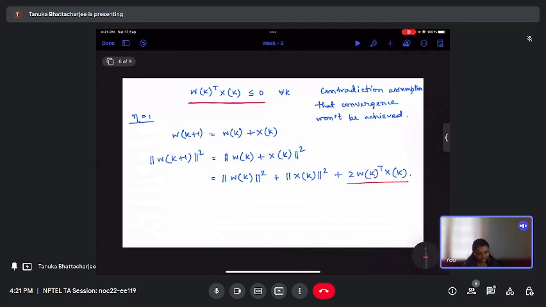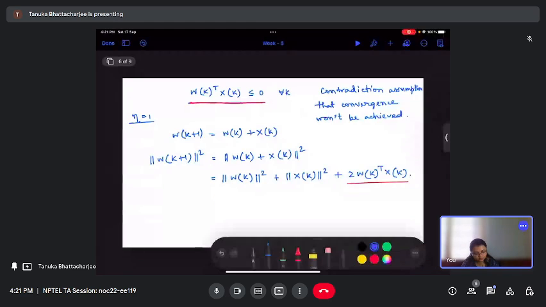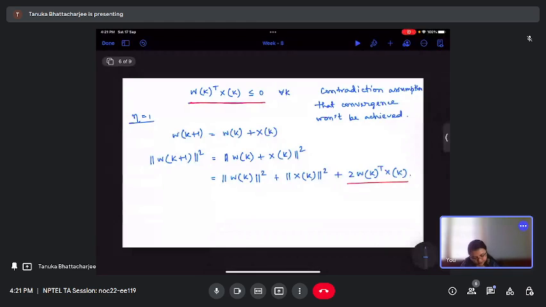If that is a negative term, then we can write wk plus 1 norm square will be less than or equal to wk norm square plus xk norm square, since the last term wk transpose xk is always negative.